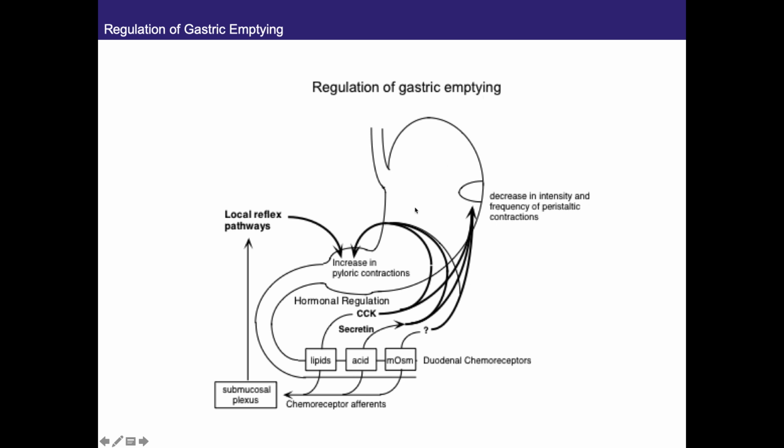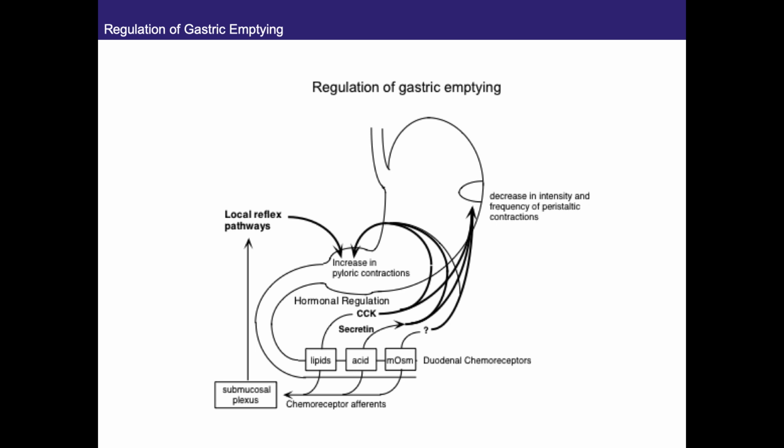Gastric emptying is when you deliver food partially digested from the stomach into the small intestines. Now, what I want you to realize is it's not about a big dump. It just doesn't stop and you just dump everything into the small intestines.